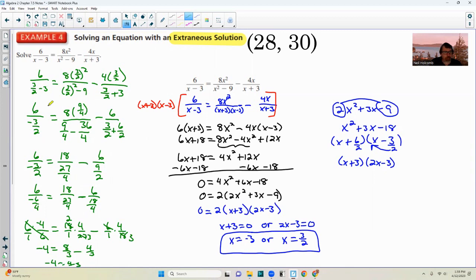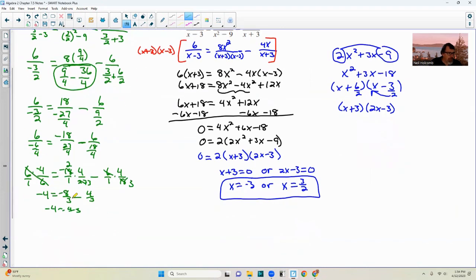I'm just checking my work here. 6 over negative 3 halves, 18 over, why is that negative right there? They're saying this is negative. Oh, it is. Right here. That's where I made my mistake. 9 minus 36 is negative 27 quarters. So that makes this a negative, and that makes this a negative, and that makes that a negative.